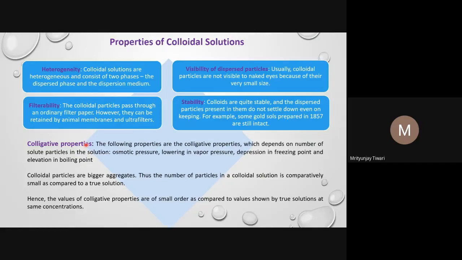In pure solutions, the solutes are in the form of ions or molecules. However, in the colloidal solution these ions and molecules form aggregates. So if you compare the same number of moles of solute in a colloidal solution and in a true solution, with the same volume, the number of particles in the true solution will be more, and thus the colligative property of the true solution will be higher.